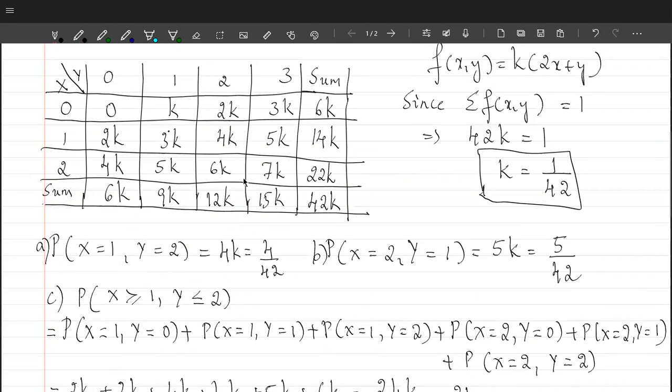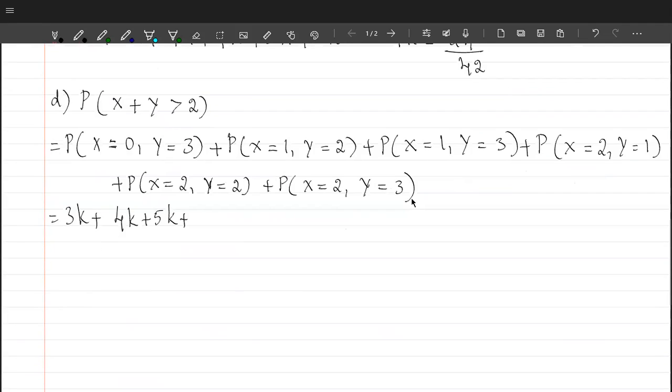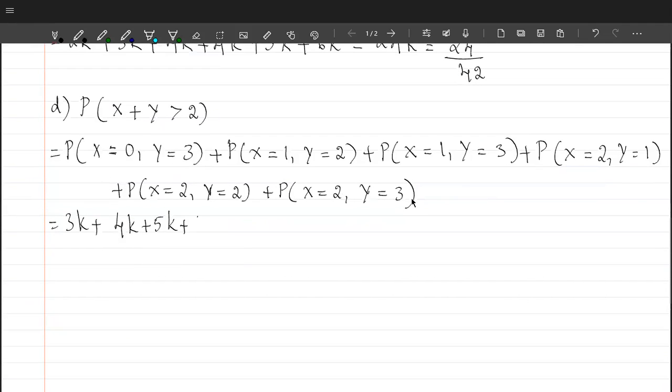Then I have 6k and 7k. Let's calculate the total. Total will be 3 plus 4, 7, 7 plus 5, 12, 12 plus 5, 17, 17 plus 6, 23, 23 plus 7, 30k. So I get 30k here, but k is 1 by 42, so 30 divided by 42.